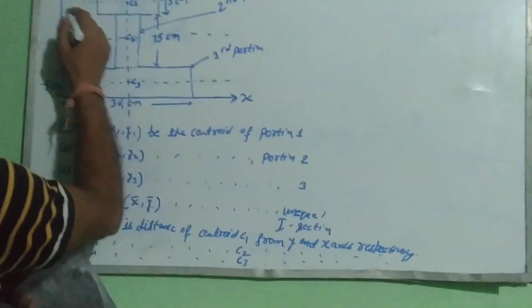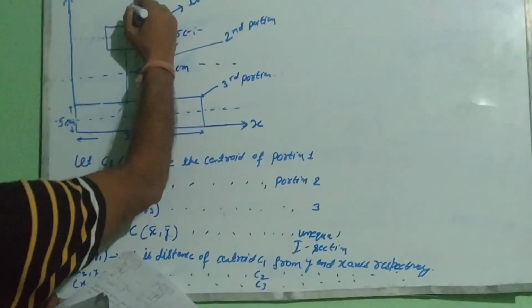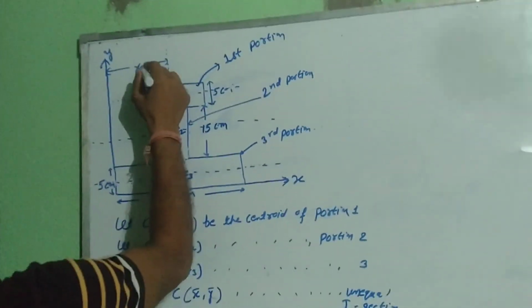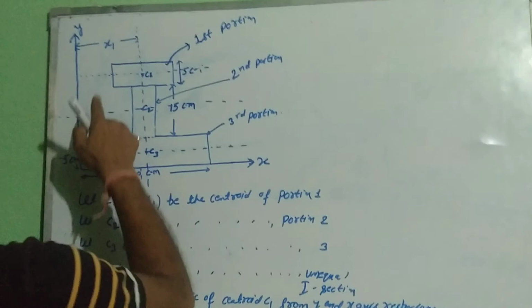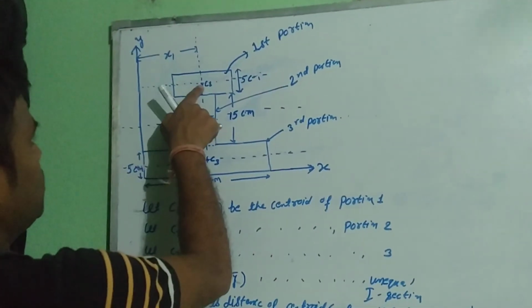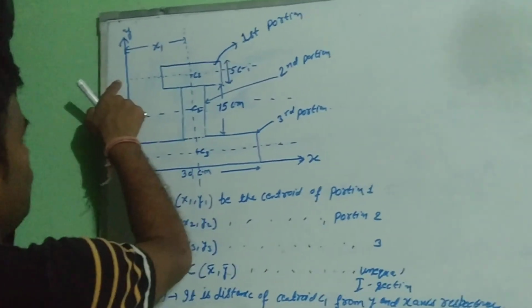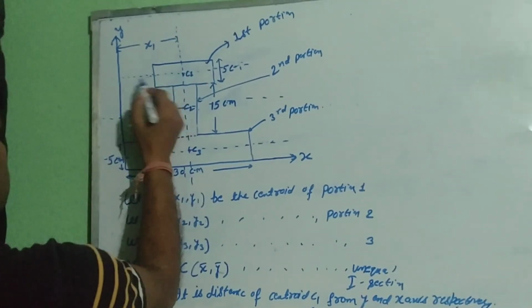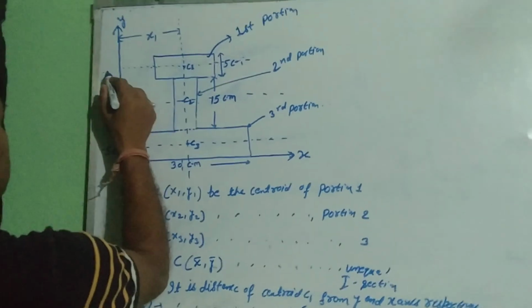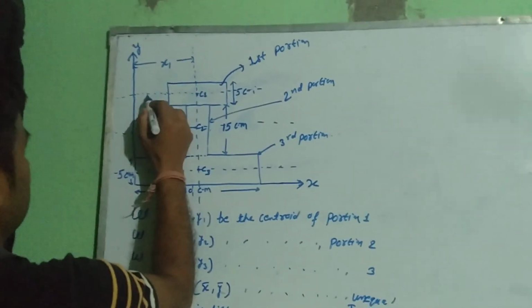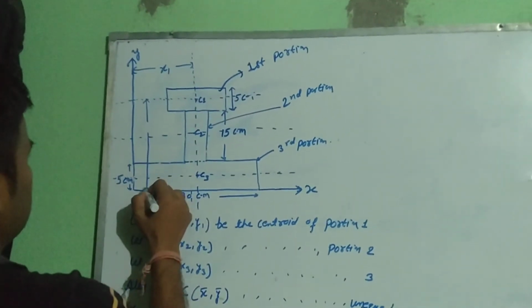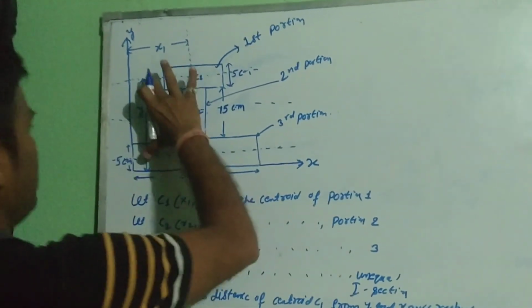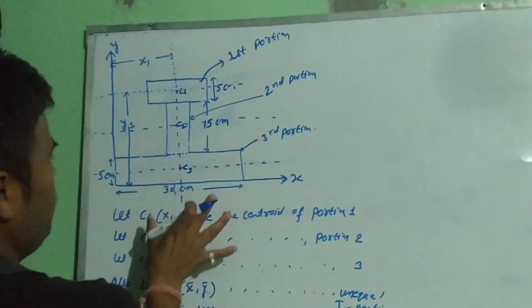What is the value of x1? It is the distance of centroid C1 from the y axis. Similarly, this will be y1, the height of C1 from the x axis.